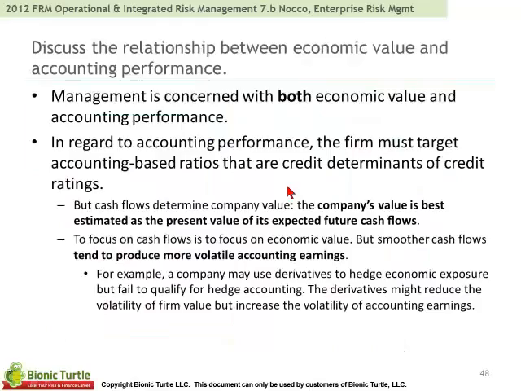So they make a point about the relationship between economic value and accounting performance, and there's a natural tension, because in regard to accounting performance, the firm must target accounting-based ratios, but cash flows determine the company value. So to focus on cash flows is to focus on economic value, but smoother cash flows tend to produce more volatile accounting earnings.